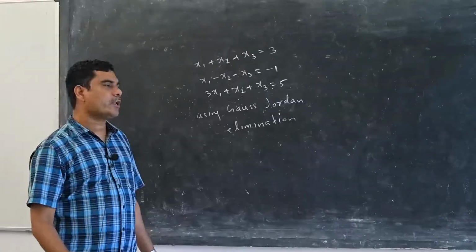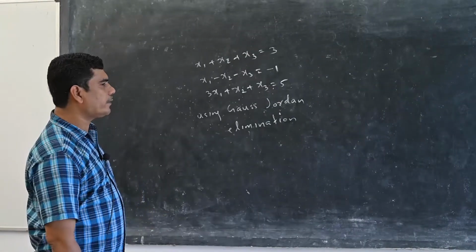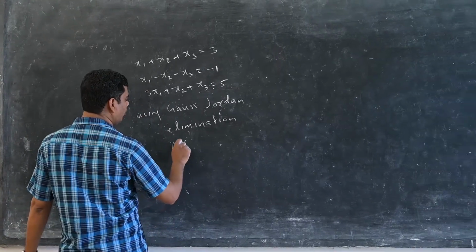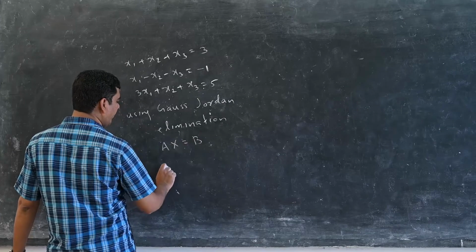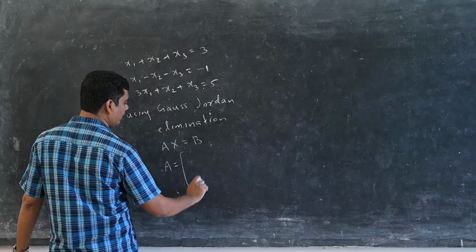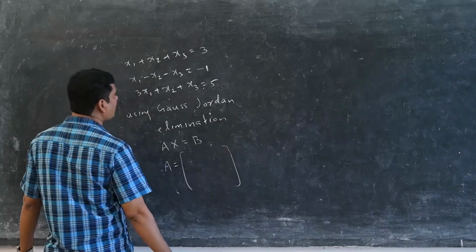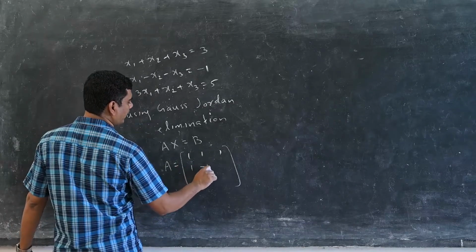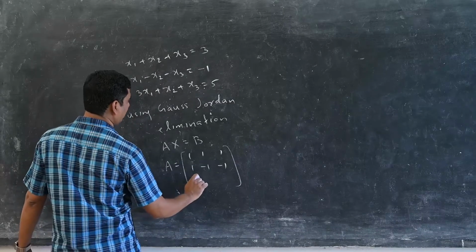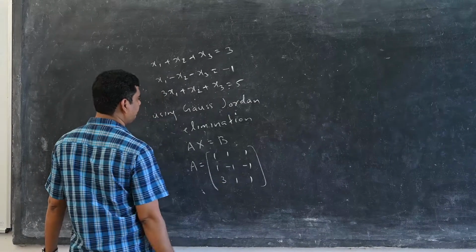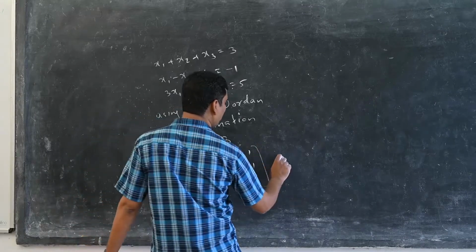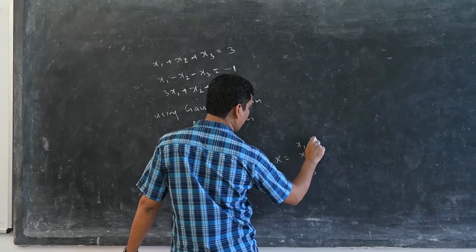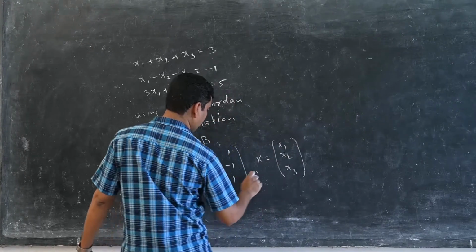The given system is a non-homogeneous system, so it can be written in the matrix form as Ax is equal to B. A is the coefficient matrix: 1, 1, 1; 1, minus 1, minus 1; 3, 1, 1. X is the column matrix of unknowns x1, x2, x3.